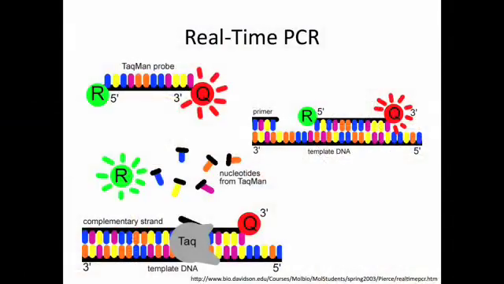So now I'll talk a little bit about a method that we use to detect the levels of RNA in a cell for a specific RNA. If we have one specific RNA that we're interested in knowing the levels of, we can design a probe. These colorful lines here are supposed to be DNA bases, and then we have a fluorescent reporter and a quencher that are attached to either side of this probe.